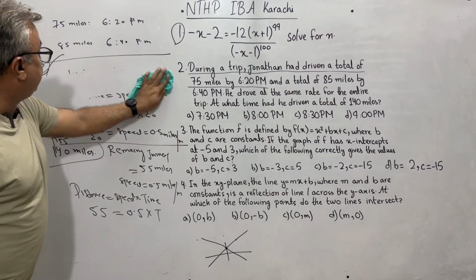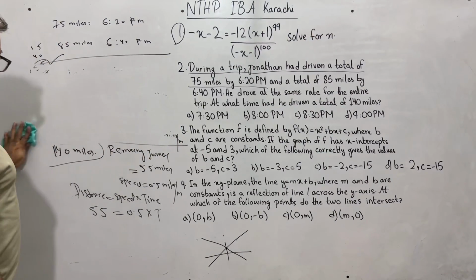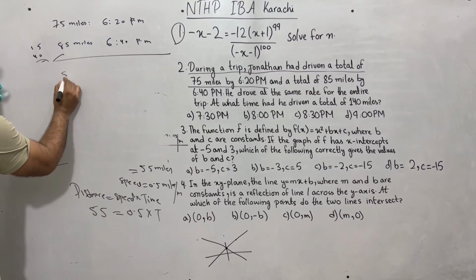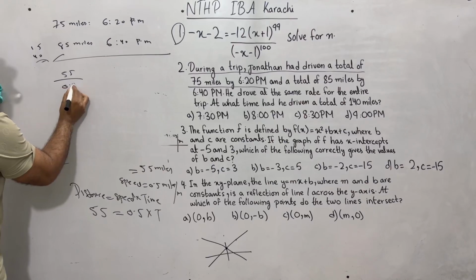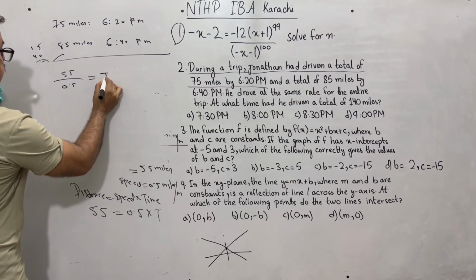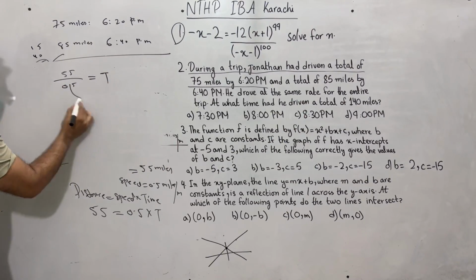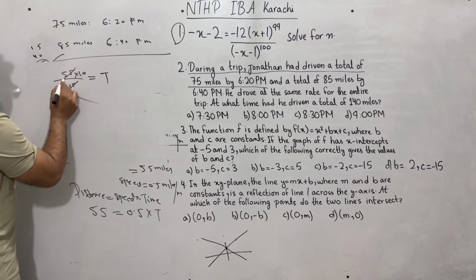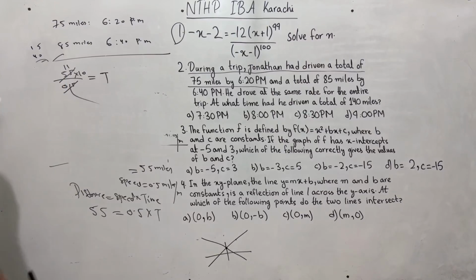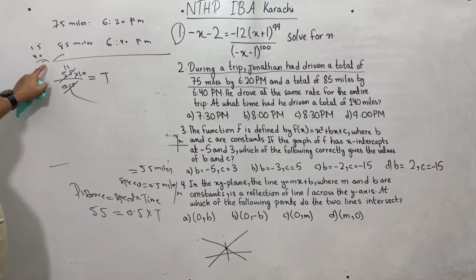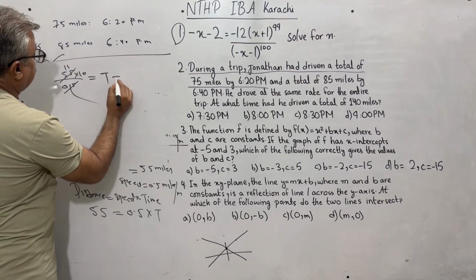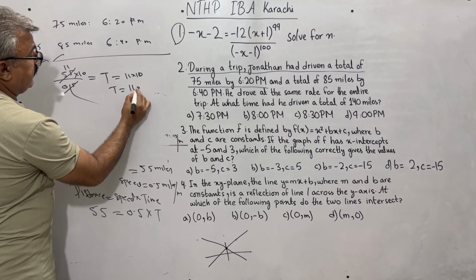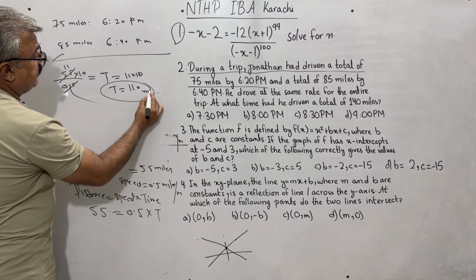We have 55 divided by 0.5. That's our time. Dividing this, remove the decimal, introduce 1 with 0, it will become, I think, 11 times 10, it will become 110. So our time is 110 minutes.